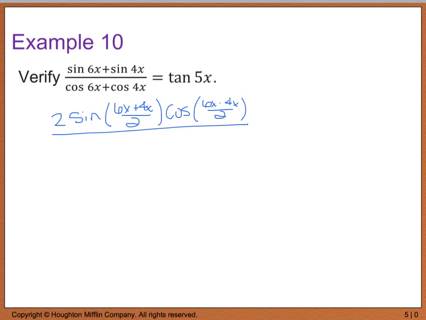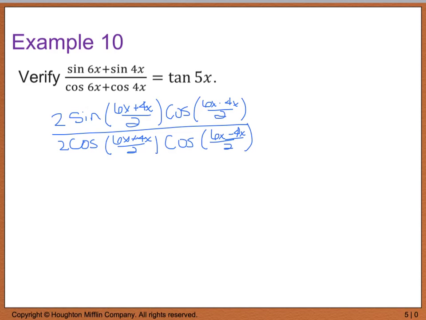And that's all going to be divided by 2 times the cosine of 6x plus 4x divided by 2 times the cosine of 6x minus 4x divided by 2.